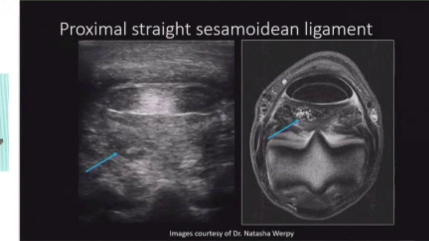Interesting things about this: one is that part of the intersesamoidean ligament has fibrocartilage. So in order to tear fibrocartilage, you usually have to do something pretty dramatic. A lot of times these horses are really lame. And it can be very frustrating because it can be a subtle finding and you can't quite figure out why this horse is so lame.